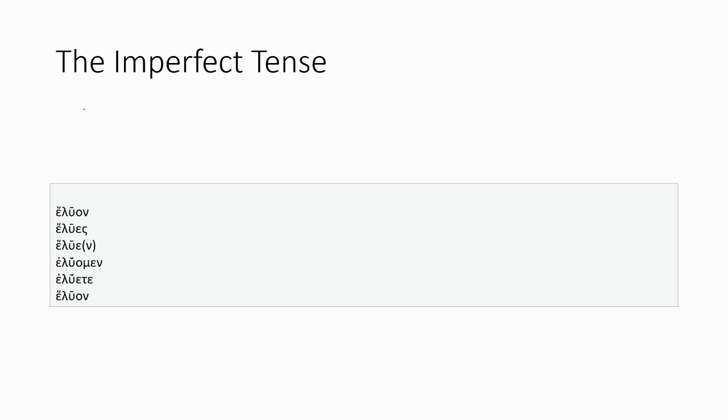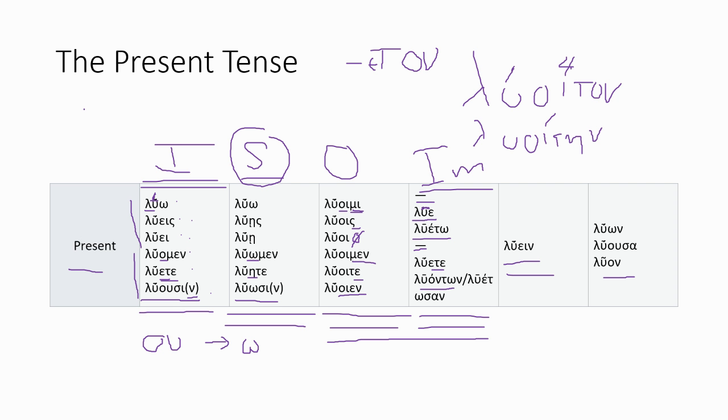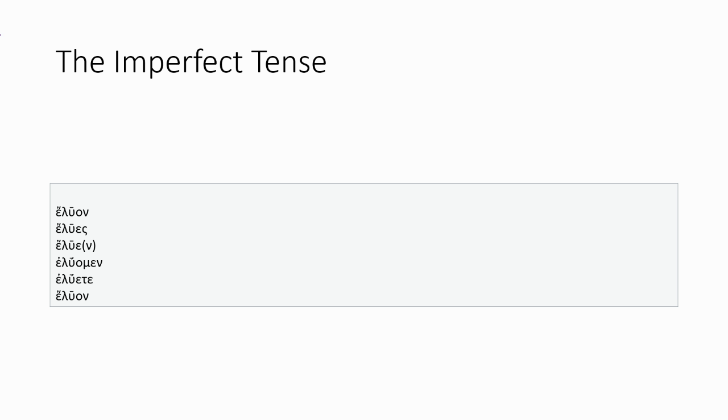Really quickly, I want to talk about the imperfect tense. I include this with the present tense, the present system, because the imperfect is actually going to use the same stem, and a lot of systems of verbs will have a very similar conjugation, but with this epsilon, and this marks something as having past time, so past tense.